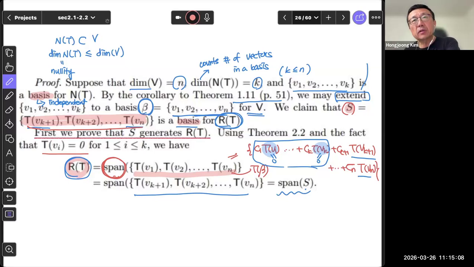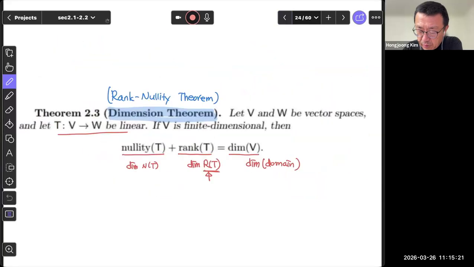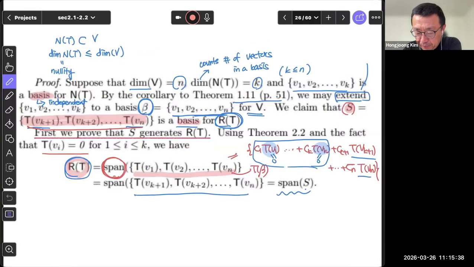So the dimension of the range will be n minus k because the basis contains n minus k vectors, right? So given any linear mapping, the nullity plus the rank will be the dimension of the domain. Please remember, this is a very useful theorem.